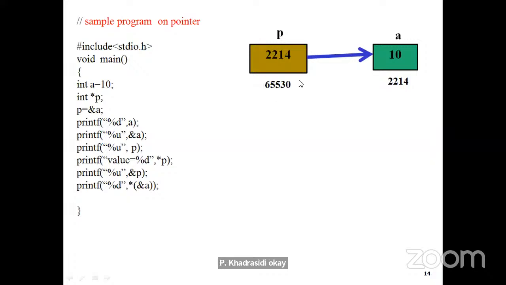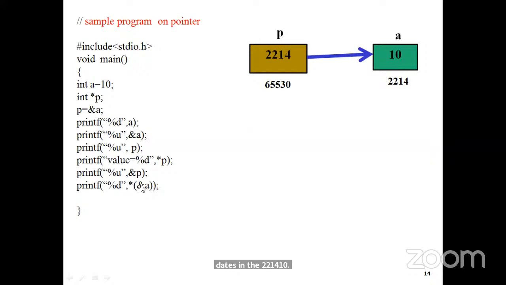And next, printf percentile D and star address of A. That means star pointer. So address of A means what? 2214. In 2214, what value is it containing? 10. So what is the output here?